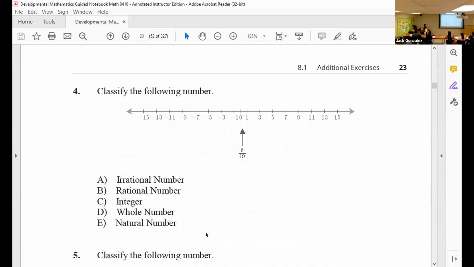That one's pretty easy, right? Yeah. I mean, it's a fraction, so we're good. By definition, rational numbers are fractions.